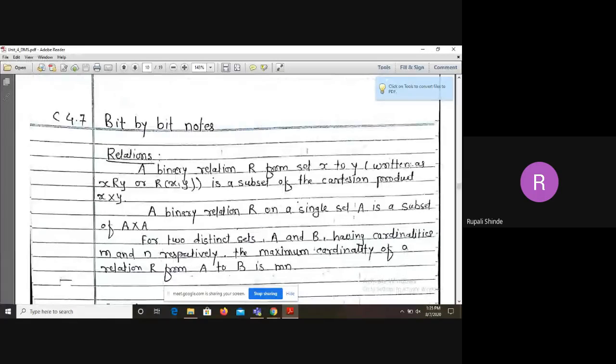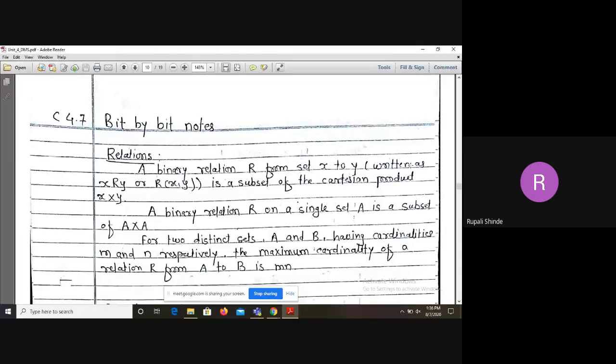Okay, so here we have started with the definition of relations. So what is a relation? A relation R is defined as a set of ordered pairs. Suppose there are two different sets x and y, and relation R is defined from set x to set y.